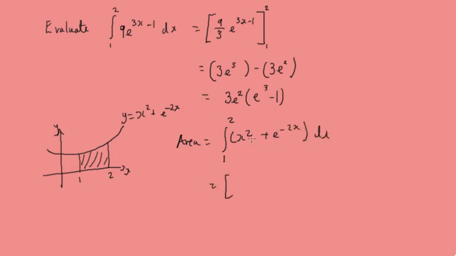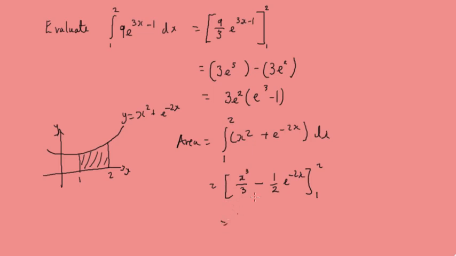So we'll integrate this first, so that will give us x to the power 3 over 3, and then minus a half e to the minus 2x. That's between 1 and 2.